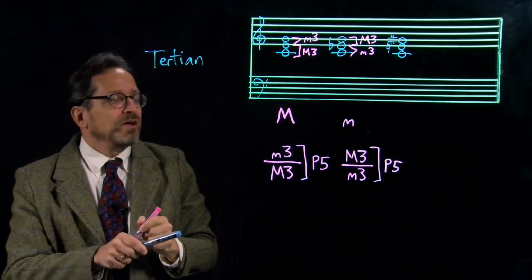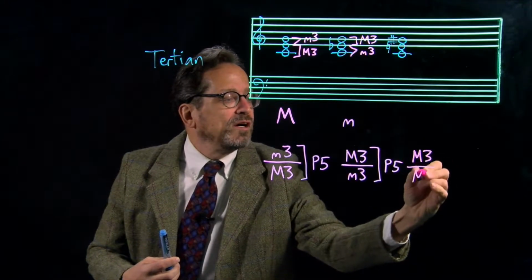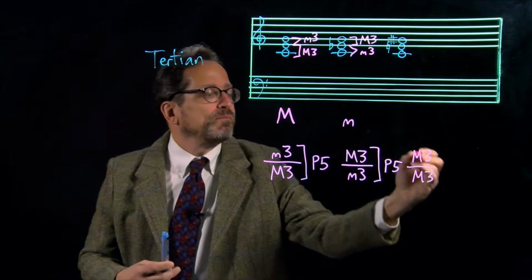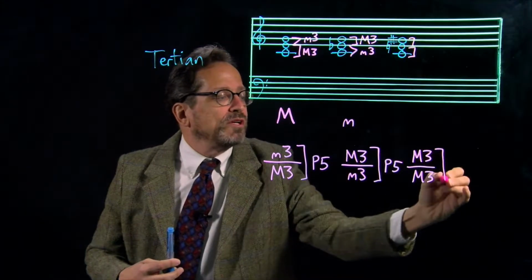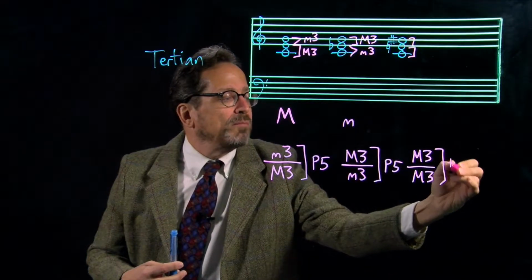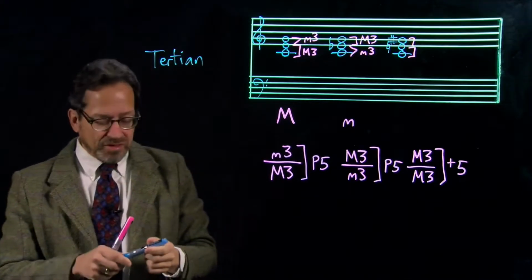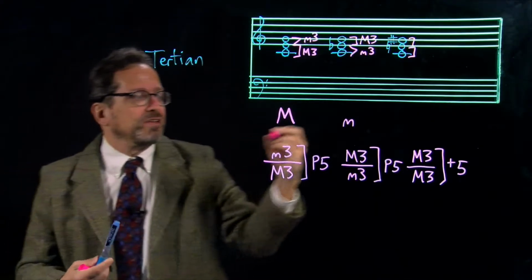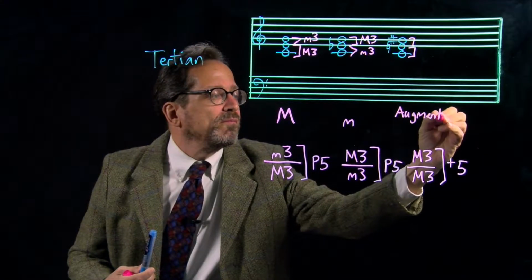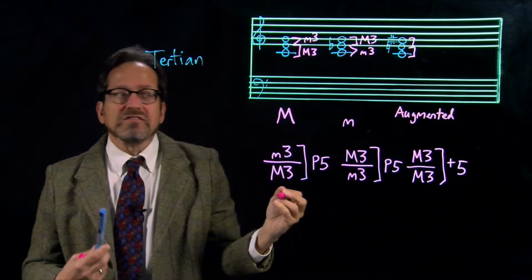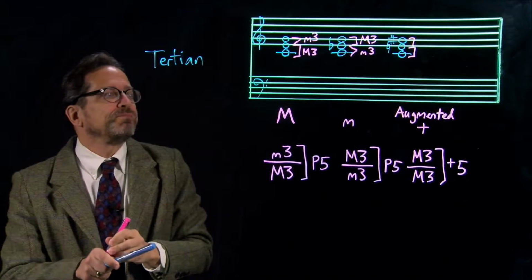So now we have a major third above a major third, the boundary tones then make up an augmented fifth. It's one degree larger than a perfect fifth, and this is an augmented triad. We'll go ahead and spell that out. But the symbol for an augmented triad is a plus symbol.